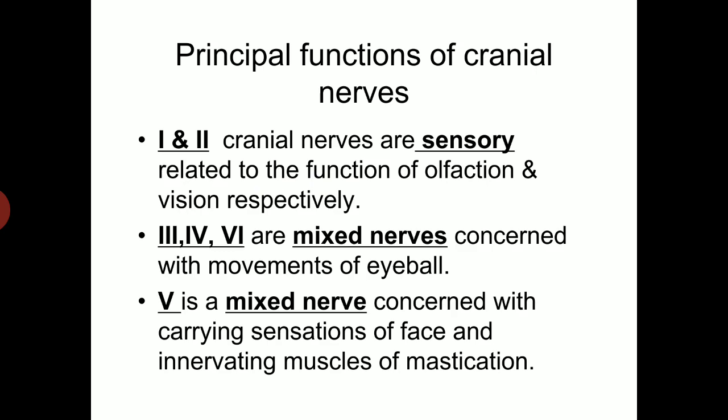Third, fourth, and sixth cranial nerves are mixed nerves, meaning they have both functions, motor as well as sensory. They are concerned with the movement of eyeball. Fifth is a mixed nerve, again concerned with carrying sensation of face and innervating muscles of mastication. So fifth cranial nerve is trigeminal, third is oculomotor, fourth is trochlear, and sixth is abducens.